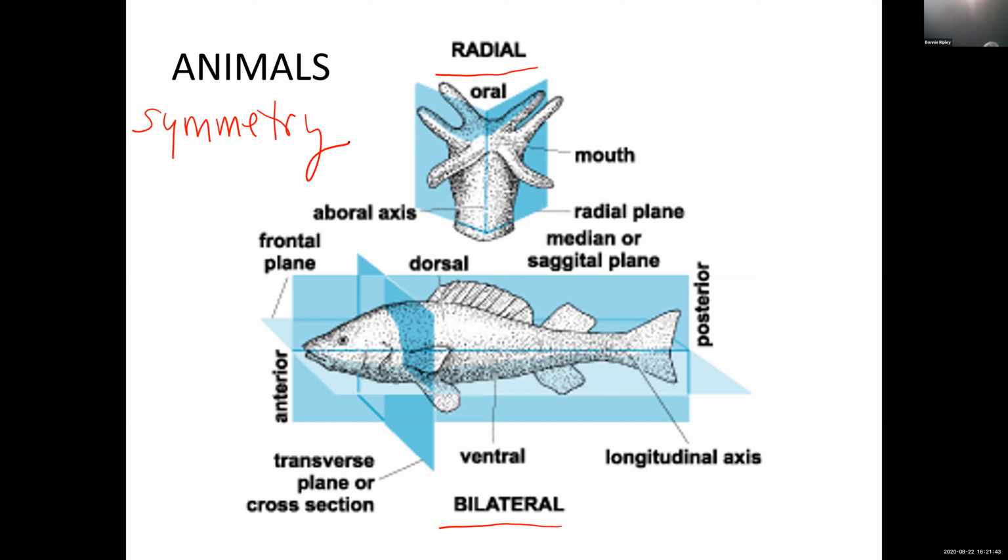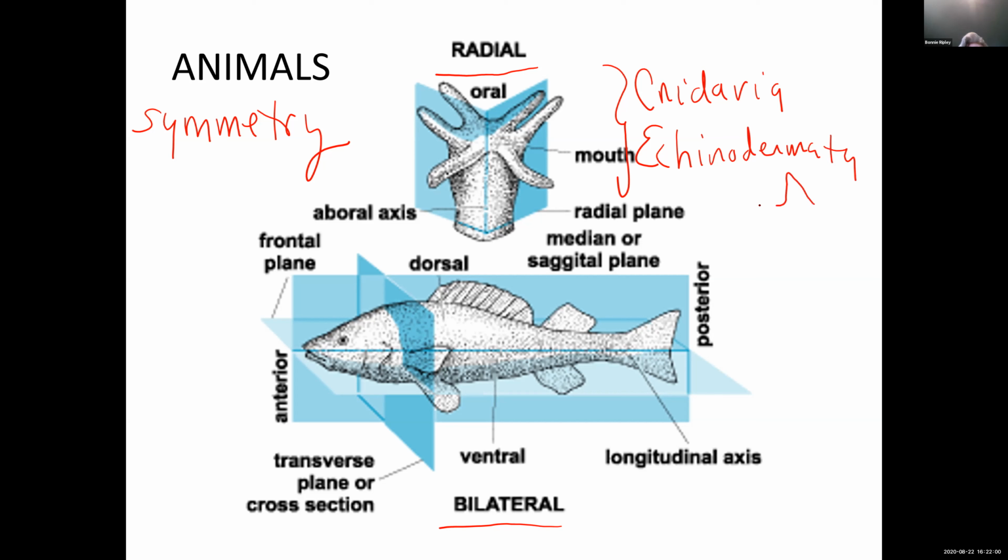When we look at all the different kinds of animals, we only have two kinds that have radial symmetry. We have cnidaria, and we have echinoderms. So echinoderms are things like a starfish or a sea urchin. So their body has a circular shape.